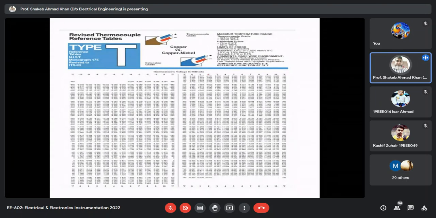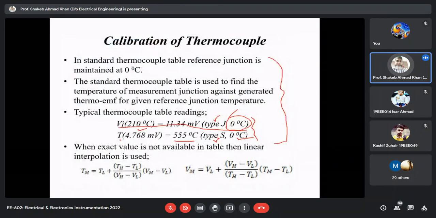For that we require interpolation. If you have a temperature between two table temperatures and the two voltage readings, we assume that for this interval the characteristic is linear. Linear interpolation is done, using an equation of the form y is equal to mx plus c.